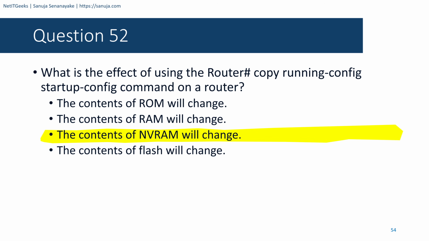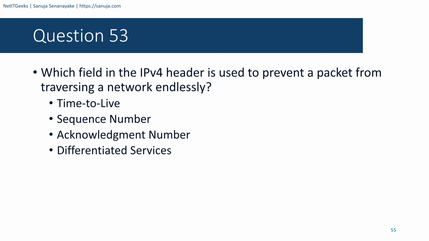So the answer is the content of the NVRAM will be changed as a result of issuing this command, overwriting whatever the content in the NVRAM was. When the router powers off and back up, it will still retain the changes that you made. So that's the answer. This is a lecture question, but related to labs.